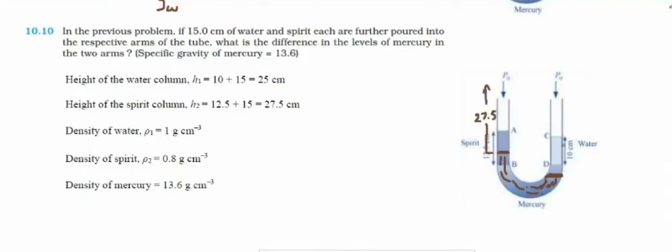And above this level you have 25 centimeter of water. Then the difference in height of mercury, you can see, will be here.